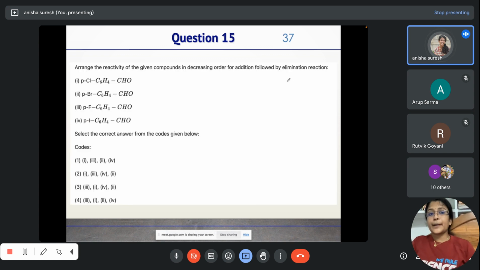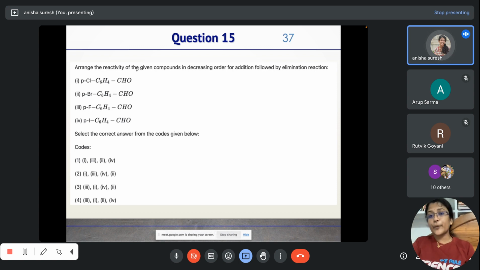Now coming to question number 15. Arrange the reactivity of the given compounds in decreasing order for addition followed by elimination reaction. Parachlorobenzaldehyde is given, parabromobenzaldehyde is given, parafluorobenzaldehyde is given, para-iodobenzaldehyde is given.